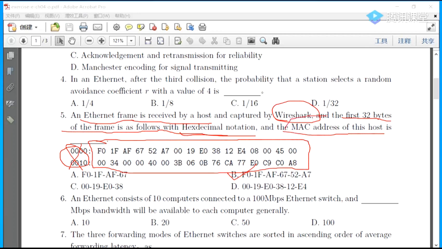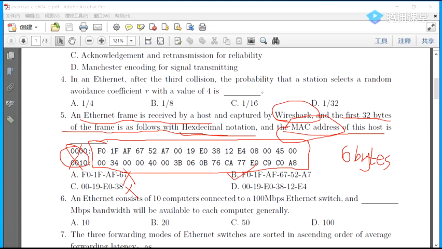The length of a MAC address is 6 bytes, right? So A and C are both wrong. So B and D, which one is the answer?